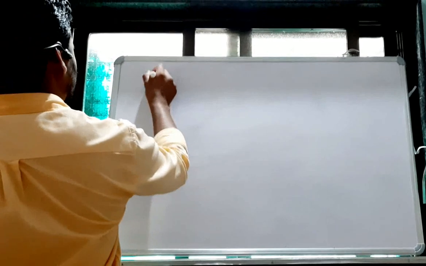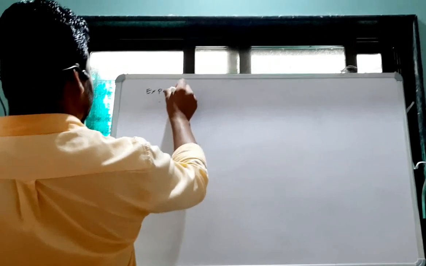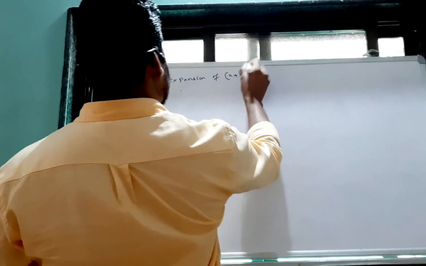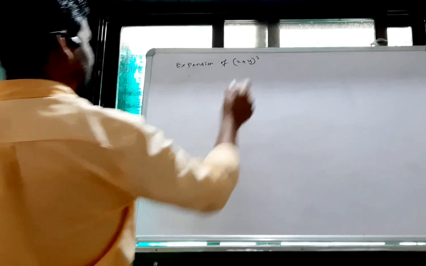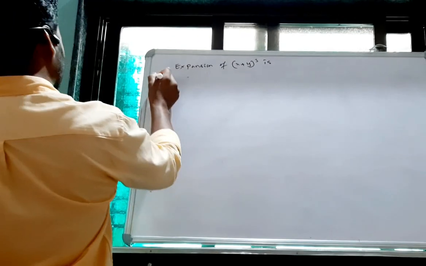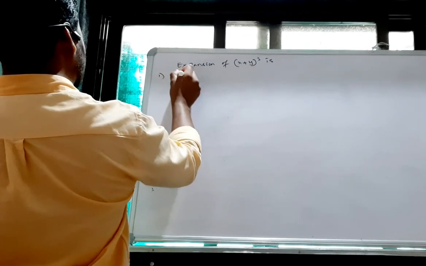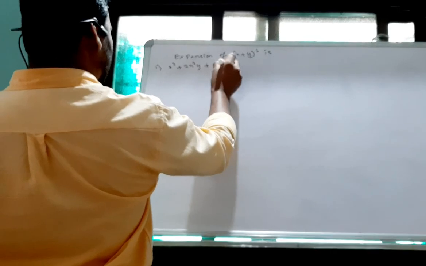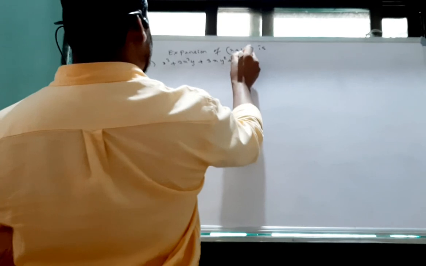Expansion of x plus y bracket cube. The first one is x cube plus 3x square y plus 3xy square plus y cube.